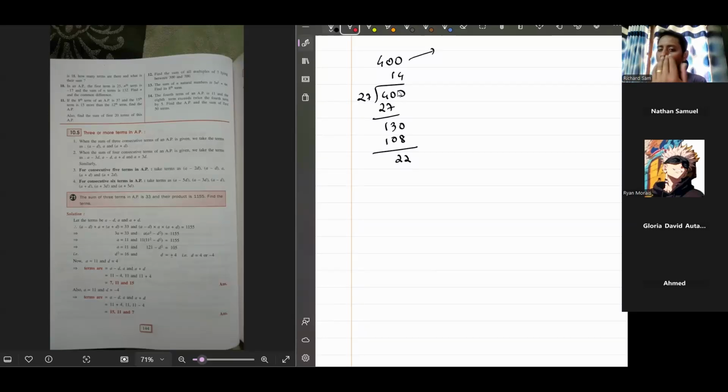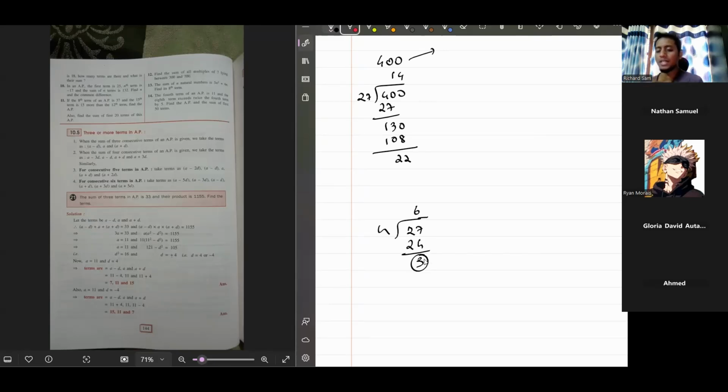Let me give you a smaller number as an example. Let's take 27 and the number 4. Is 27 in 4 tables? No. 4 sixes are 24, remainder 3.